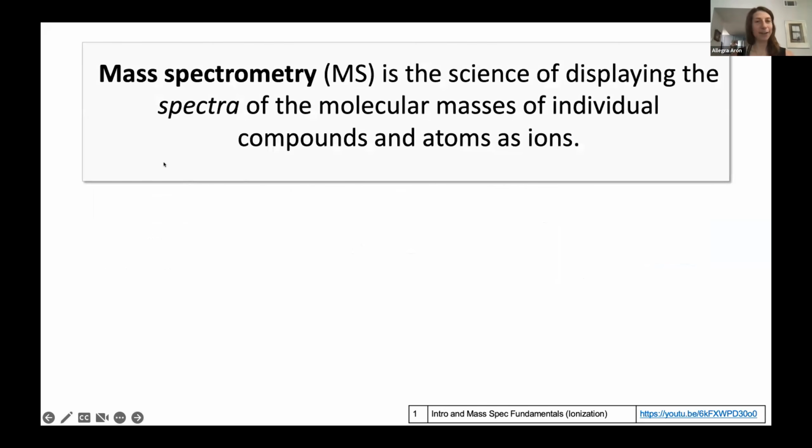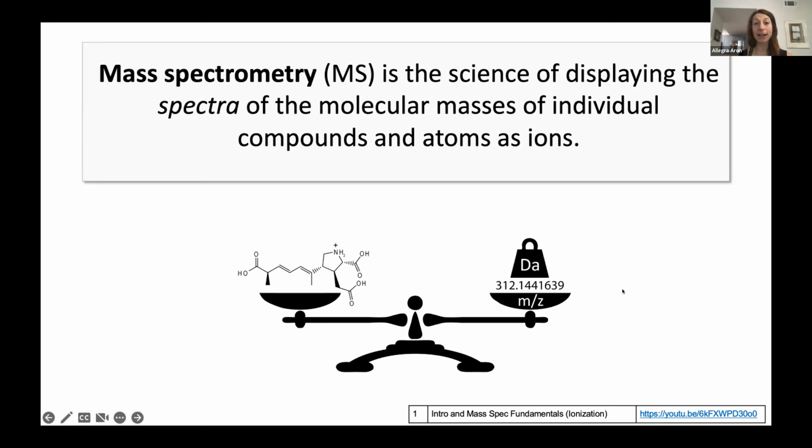So on a very basic level, for those of you with no experience, since there are some of you apparently from the survey, mass spectrometry is simply the science of displaying spectra of molecular masses of individual compounds and ions. Okay, and so we can think of mass spec as simply being a very fancy and very expensive way to weigh molecules, such as this one, which is domoic acid.